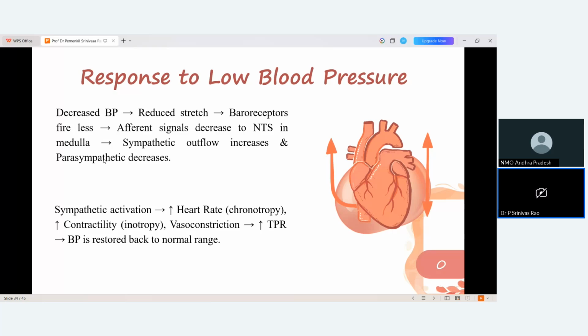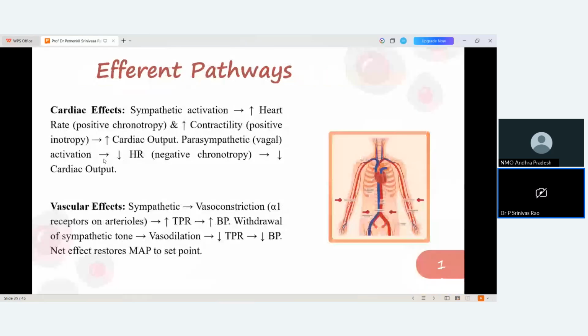It increases the heart rate, chronotropy, it increases inotropy, it causes vasoconstriction, it increases the total peripheral resistance, and it restores the blood pressure. Efferent pathway is mostly sympathetic. Parasympathetic is less. So all this will cause an increase in the heart rate and vasoconstriction.